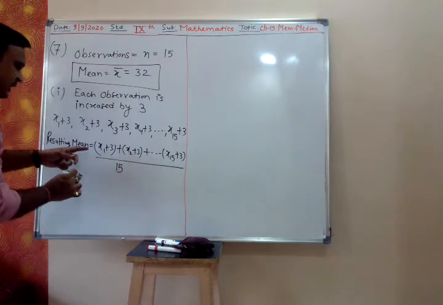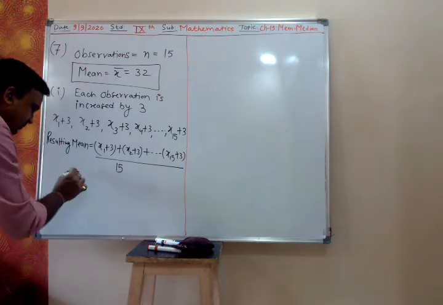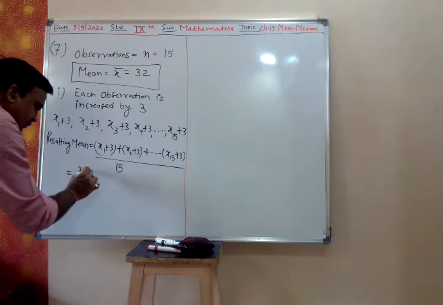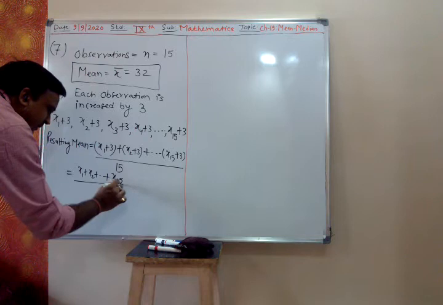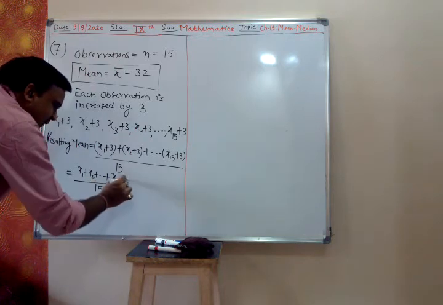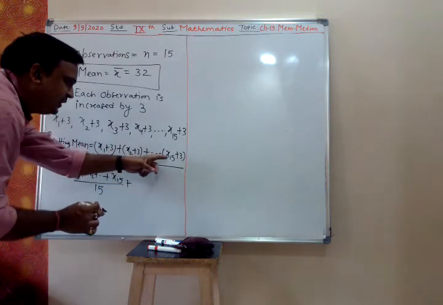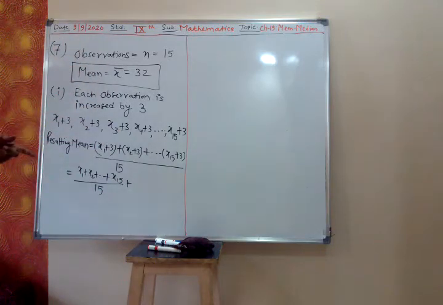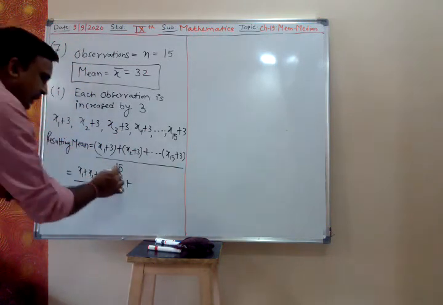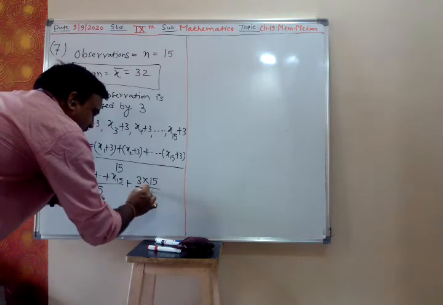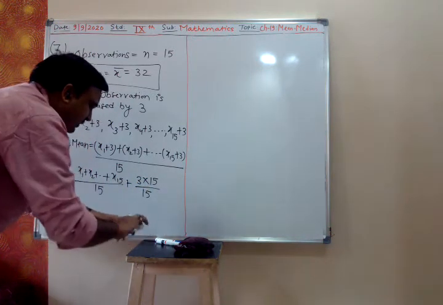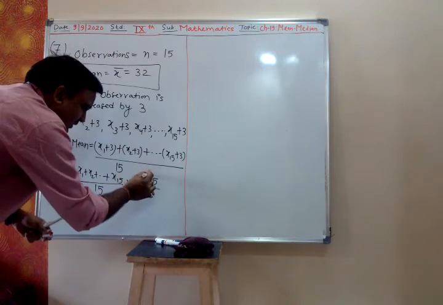So we are adding x1 plus x2 up to x15, divided by 15, plus we are adding 3, 3, 3, how many times? 15 times. So that will be 3 into 15 divided by 15. So this 15, 15 get cancelled.